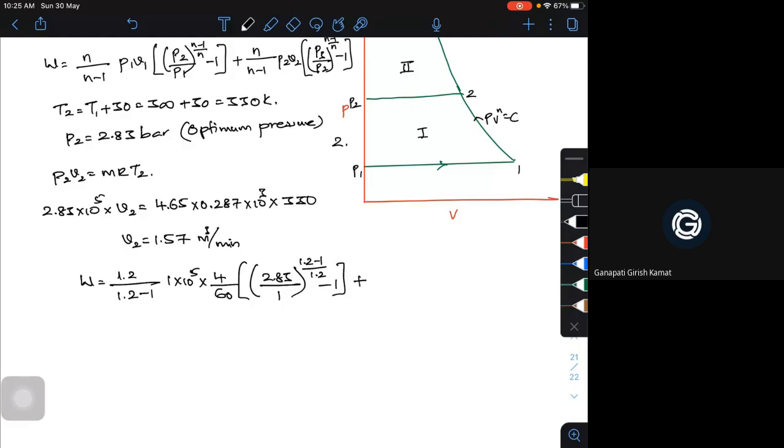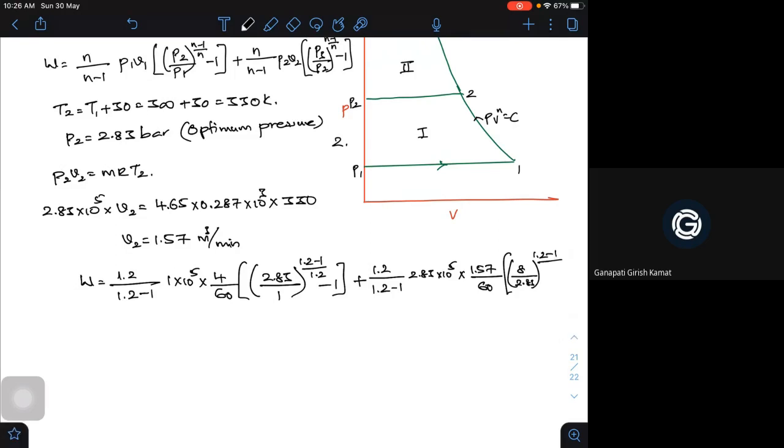Then for the second stage, it is 1.2 divided by 1.2 minus 1 into P2, which is 2.83 into 10 to the power of 5 into 1.57 divided by 60 into 8 divided by 2.83 whole to the power of 1.2 minus 1 divided by 1.2 minus 1.